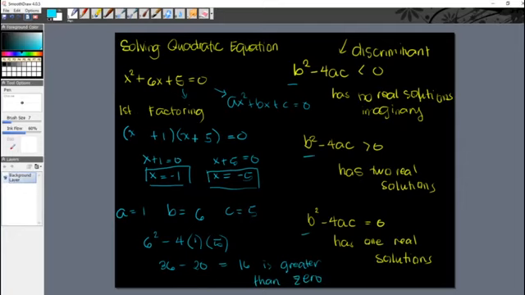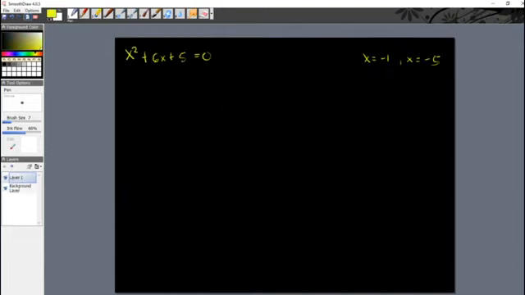So here it follows that when your discriminant value is greater than 0, the quadratic function should have two real solutions, in which the real solutions are -1 and -5.